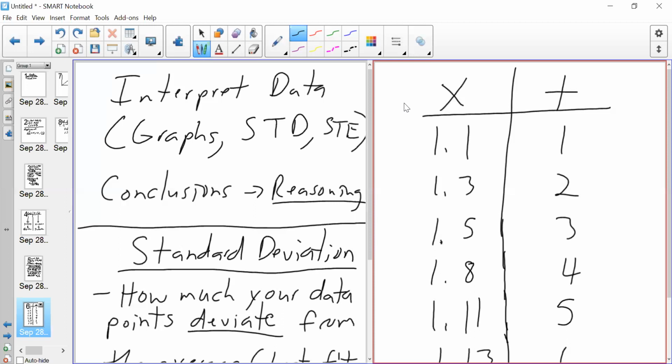Anyway, 1.15 divided by 7. That's 0.16. Just use the first two decimals. Don't have to get too fancy. 0.16 meters per second.